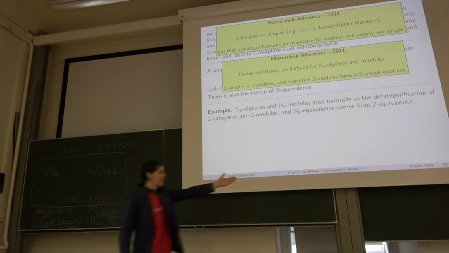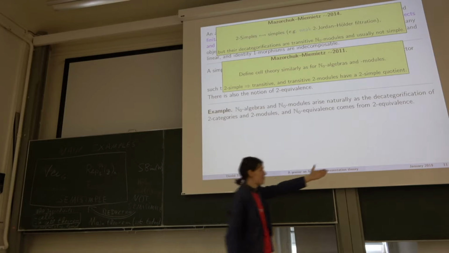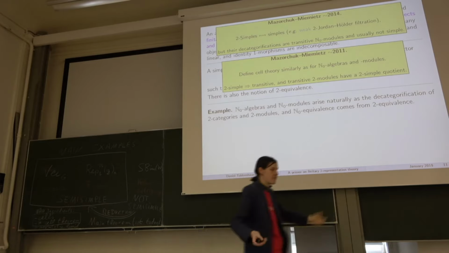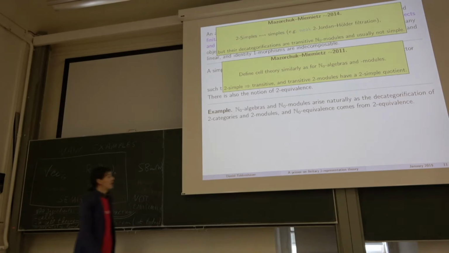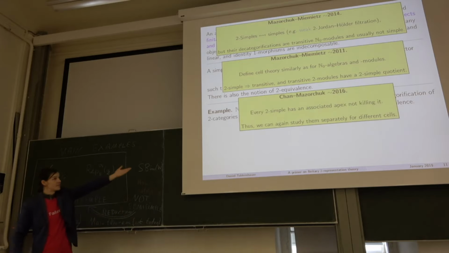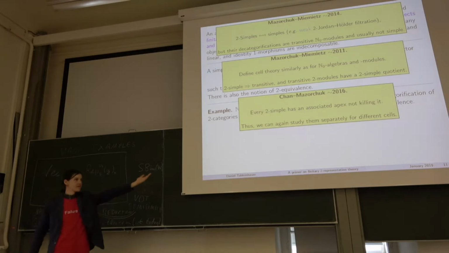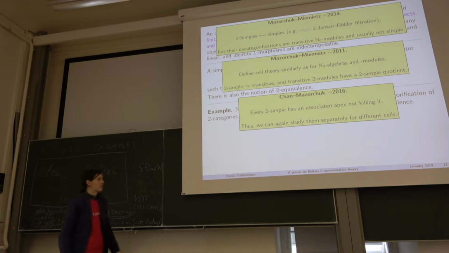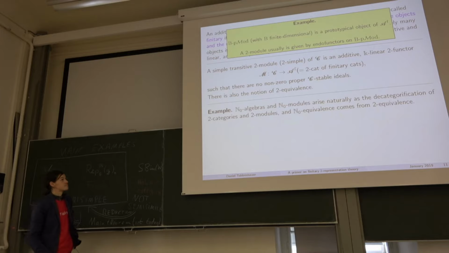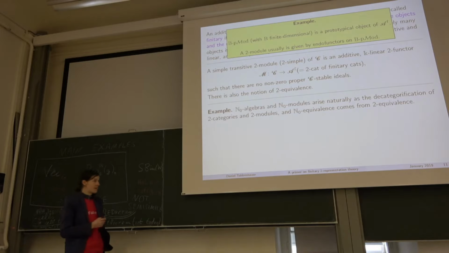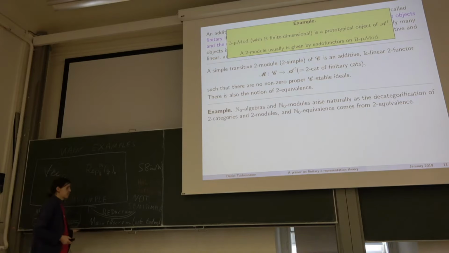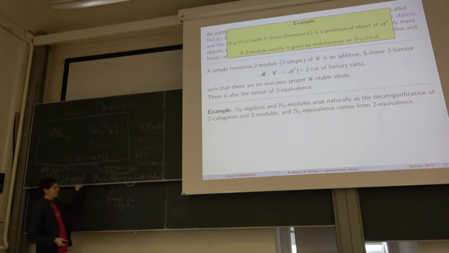Just replace any plus, that's why we want positive numbers, replace any plus by a direct sum, for instance. And you play the same game, any two simple has an associated apex not killing it, and so forth. You can study everything depending on the apex. So the standard example, which I already did, is basically the prototypical example of a finitary 2 category.